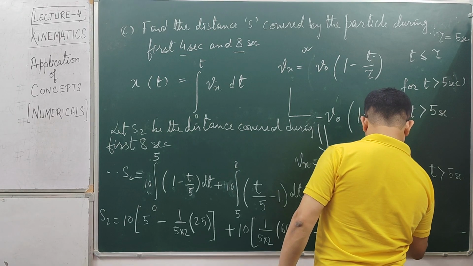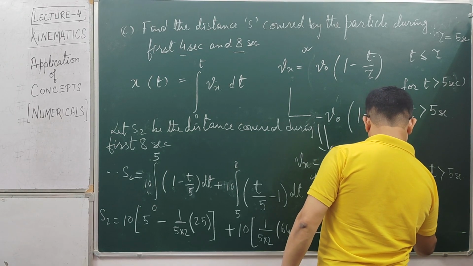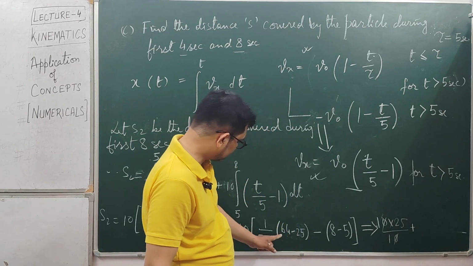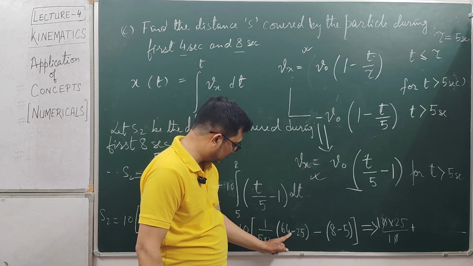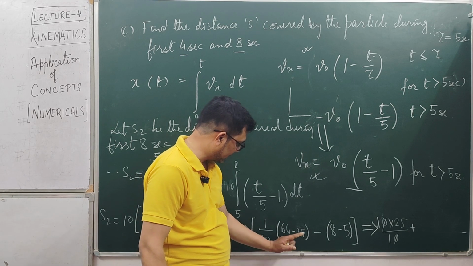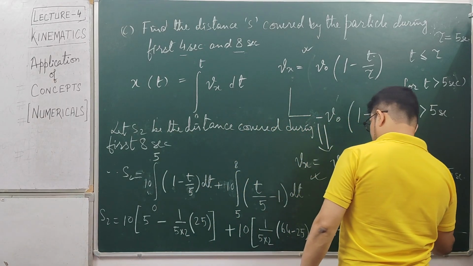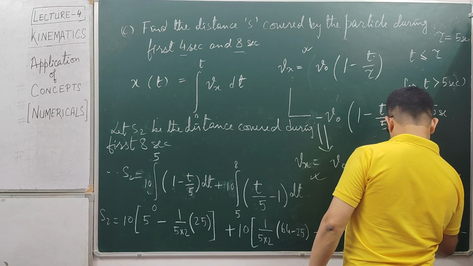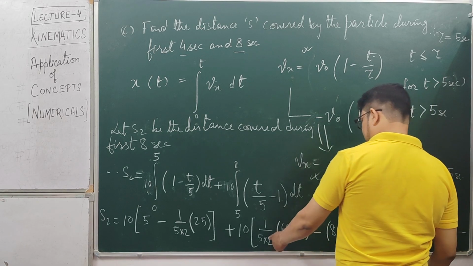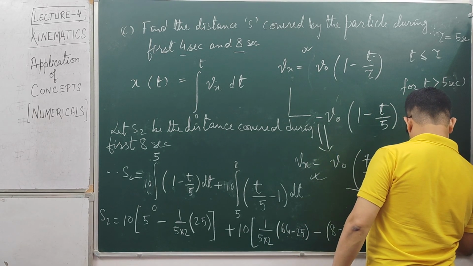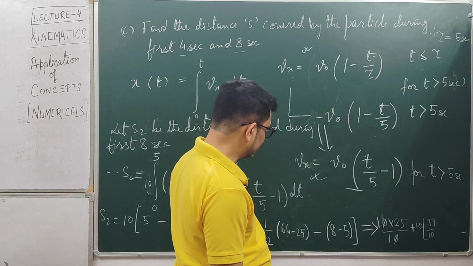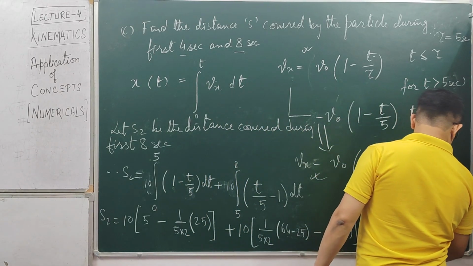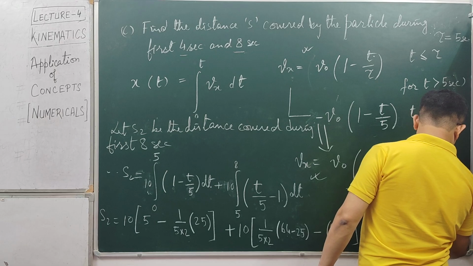So this is just 25 plus. Well, let's come to here. 64 minus 25, so it comes out to be 39. And here 5 minus 2 is 3, so it comes out to be 10 into 10 here under the bracket, and it comes out to be 39 divided by 10 here, and here it comes out to be 8 minus 5, which is 3, so minus 30, so if you take the LCM, it would be 10 minus 30.